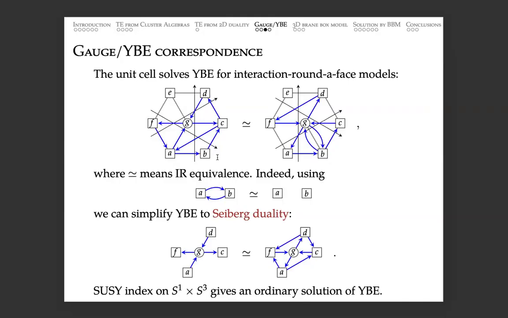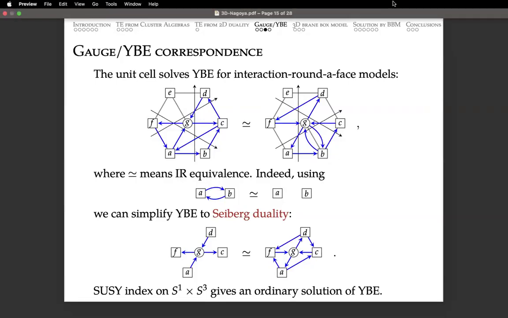The left-hand side represents the left-hand side of the Yang-Baxter equation, where the R matrix is represented by this 4-dimensional theory constructed from 3 arrows. So you combine these theories and you get this picture, and you can do something similar on the right-hand side. Then you get 2 4-dimensional theories, each of them obtained from 3 copies of this unit cell theory.